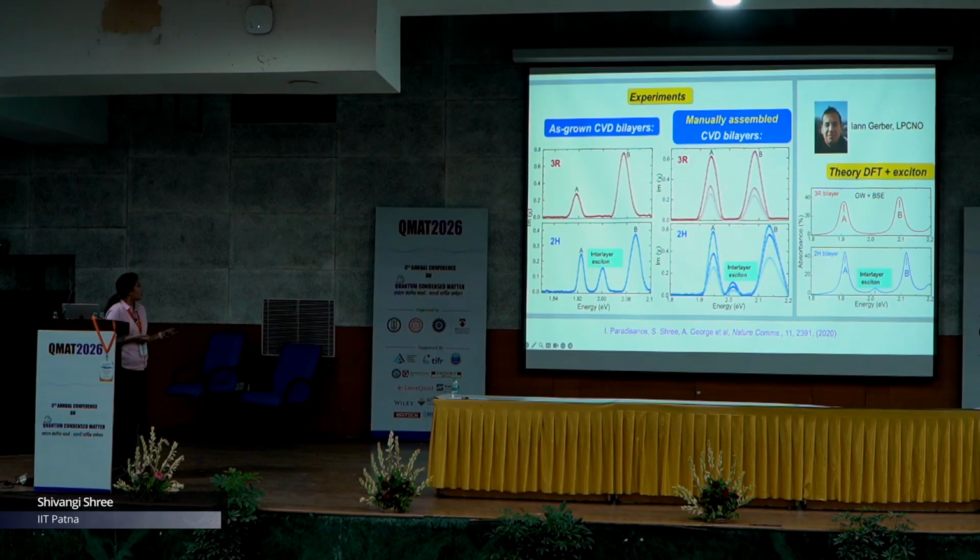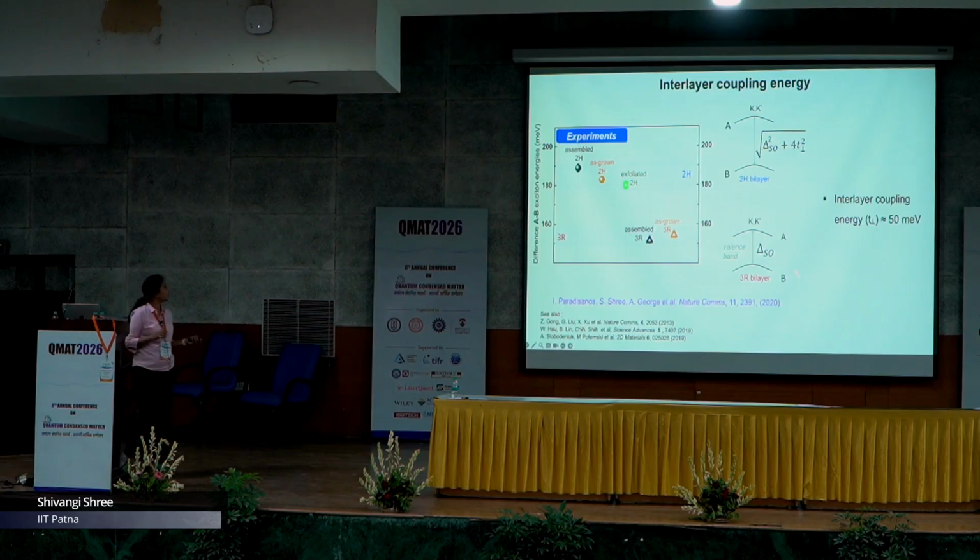All 3 of the manually stacked 3R samples do not show any interlayer exciton, and all 3 samples which are manually stacked in 2H form show this interlayer exciton. This experiment shows that the interface is really clean even though we used the as grown sample and piled them up together manually.